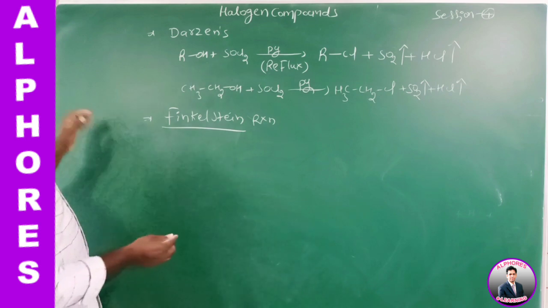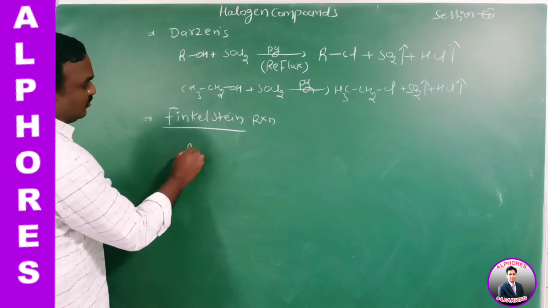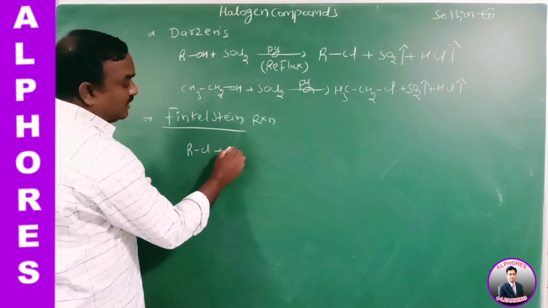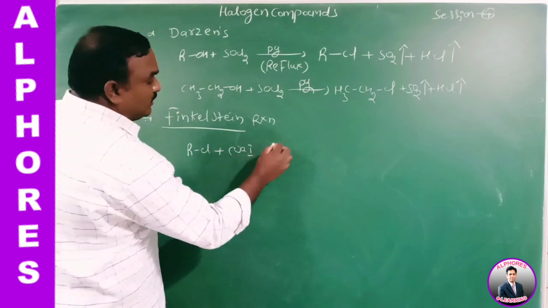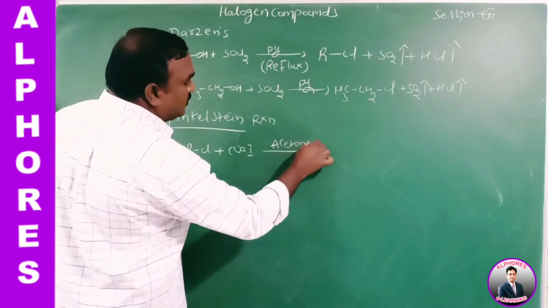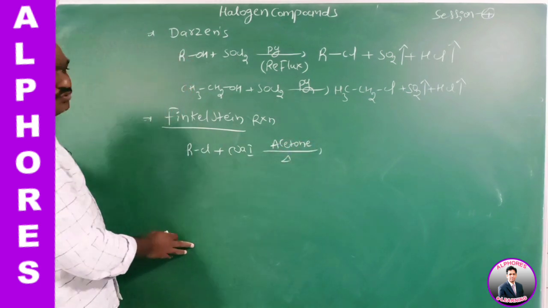For example, an alkyl chloride compound is given. The chloride compound reacts with sodium iodide in the presence of acetone medium.